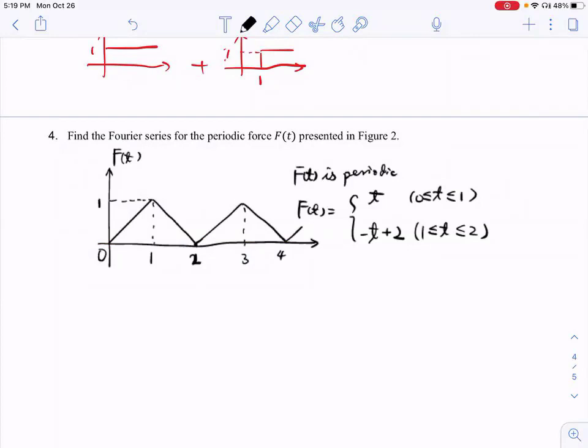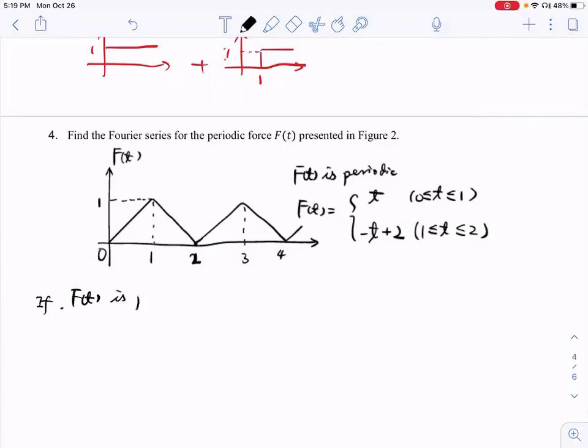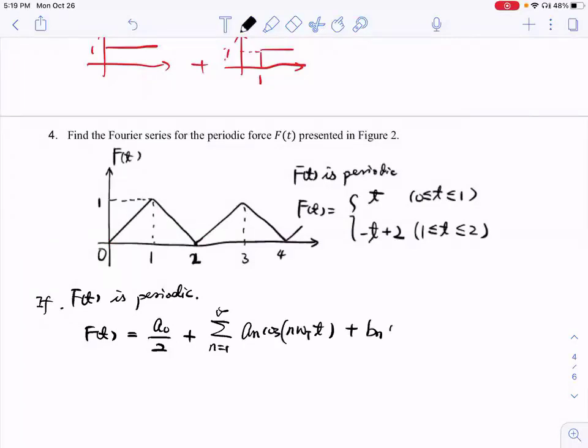If you have a periodic signal, if f(t) is periodic, that means you can write your f(t) as a summation of cosines and sines. That's your a_n cosine(n omega_T t) plus b_n sine(n omega_T t).